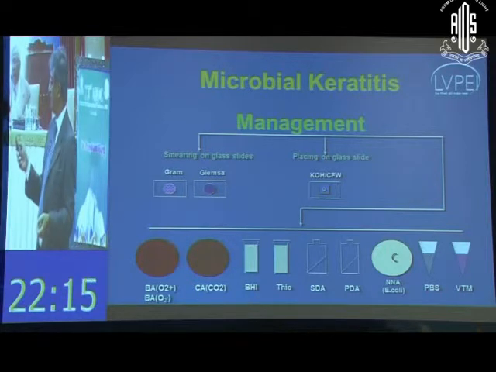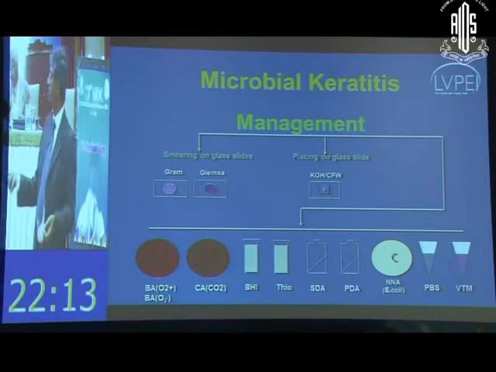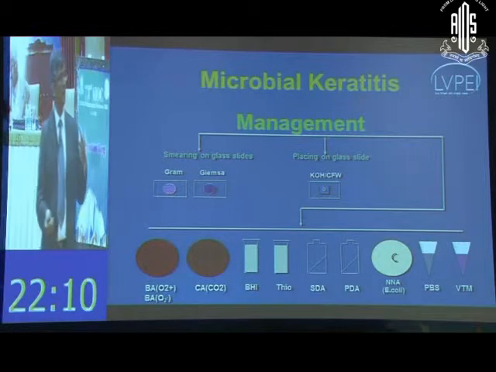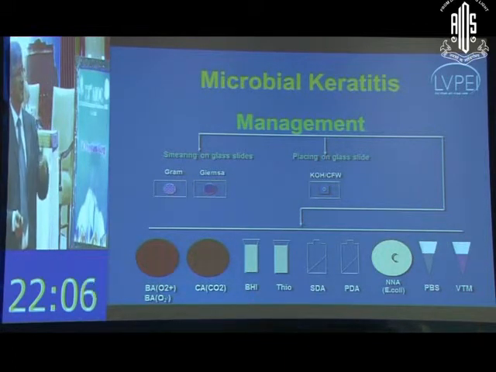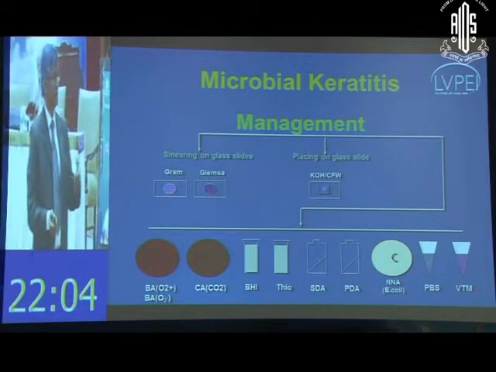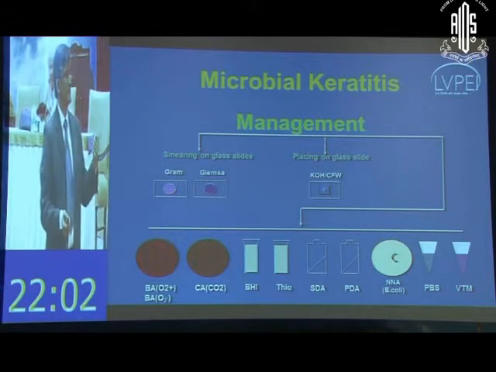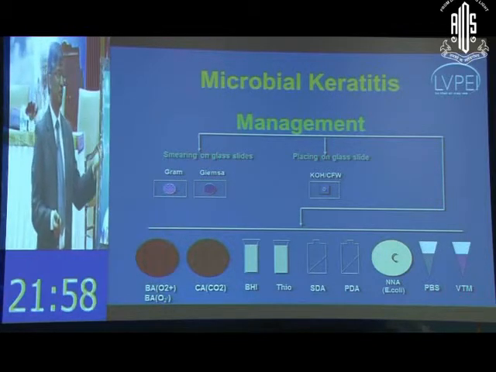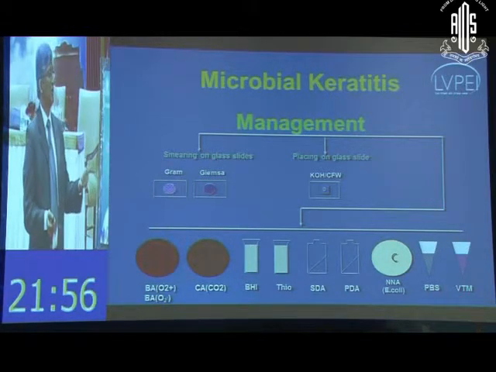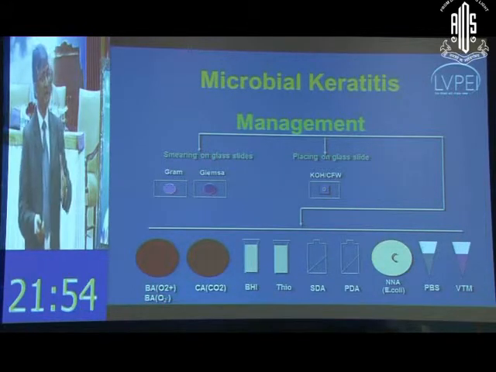The different plates that you inoculate, you need to take 2 plates of blood agar. One is going for anaerobic incubation, another is going for aerobic incubation. Chocolate agar, Sabouraud dextrose and potato dextrose. You can use one or you can use both, and non-nutrient agar. These are the solid plates that you have to inoculate.